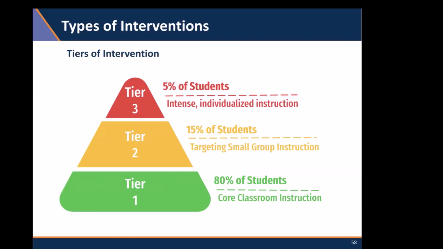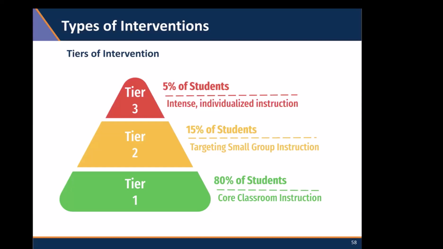So we wanted to make sure to have this in here, one, because I think these numbers are changing quite dramatically. But best practice says that only 5% of your students should be getting tier 3 instruction. That intensive individualized instruction should just be 5% of your students.